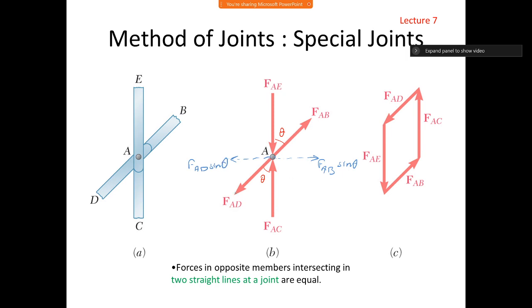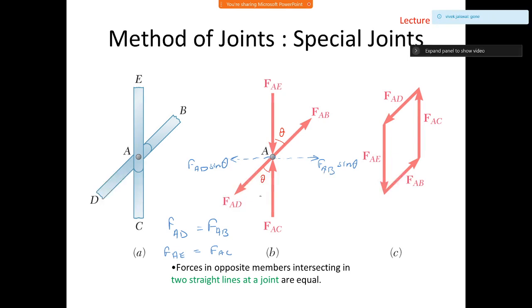Since this is perpendicular to FAE and FAC, from here we can directly say that FAD will be equal to FAB, and if this is equal, then their cosine components are also going to be equal, and therefore FAE will also be equal to FAC.